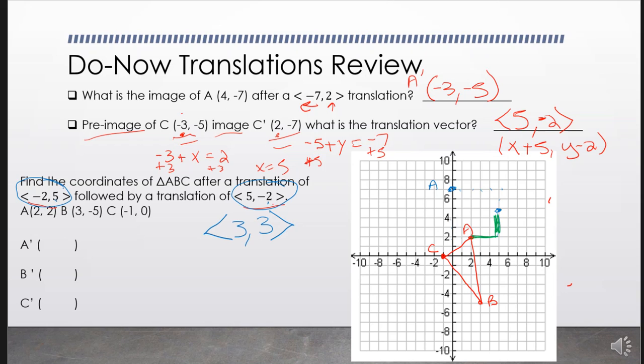So instead of doing two separate translations here, we could save ourselves the time by just doing it once if we added the vectors in the beginning. So now it would be again 3, 3. So this is my A prime, 3, 3. This is my C prime, and 3, 3, B prime.